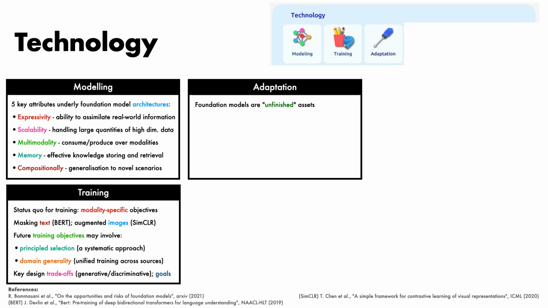One way to characterize foundation models is as unfinished, intermediary assets that require adaptation for downstream tasks. Various adaptation strategies have been explored, such as fine-tuning, and more recently, prompting language models with text to explain the task to them. However, Bommasani et al. suggest that it's useful to consider a much more expansive view of adaptation that goes beyond task specification.